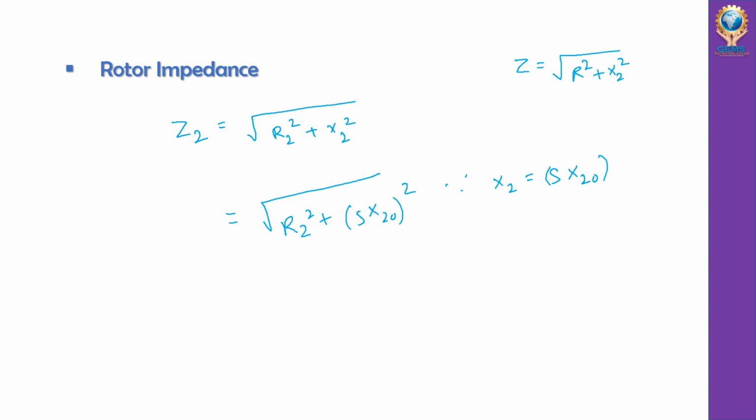Okay, we know the current. What is the current? In Ohm's law, V is equal to I into Z. If you want to find out the I, you need to do V by Z. We will derive the I in the slide.